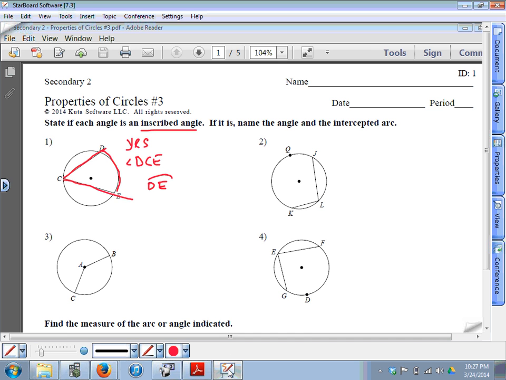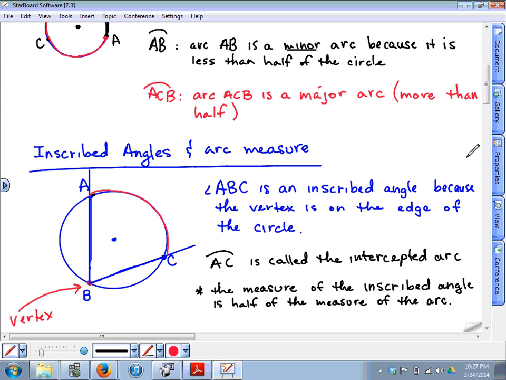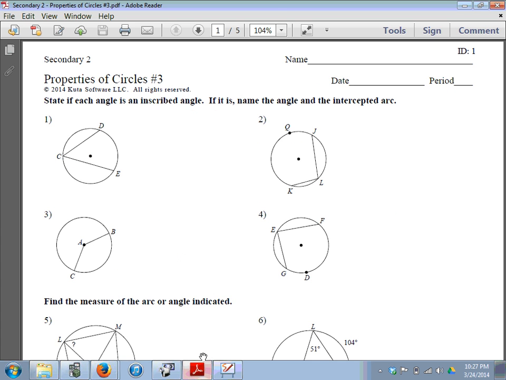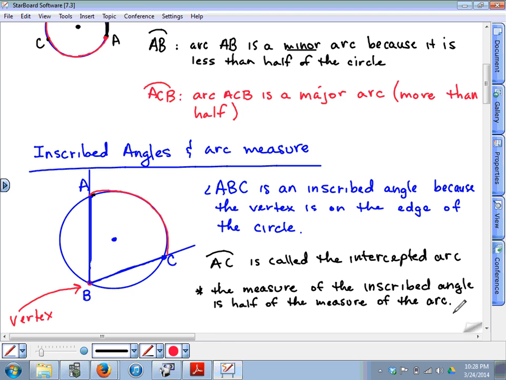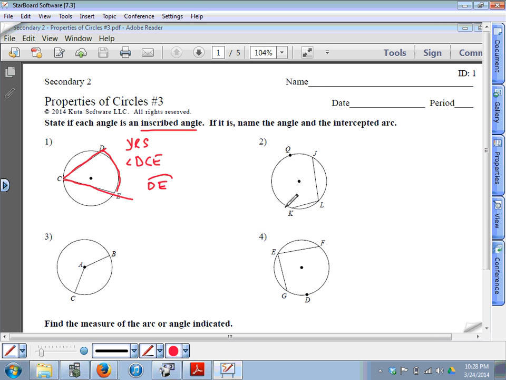So, getting back to this, question 2, the answer was yes, it's an inscribed angle. The angle is JLK. Now you got to be real careful here on how you have answered question 2, in particular the name of the arc.